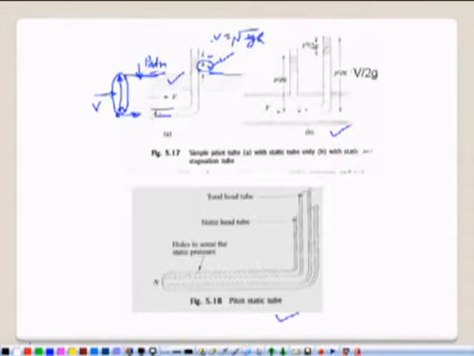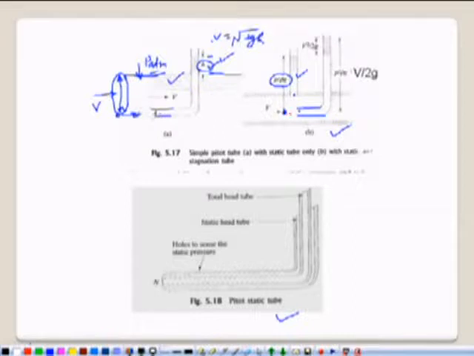In this figure we have a Pitot tube which is built in this manner, and we have another tube which is also known as a piezometric tube. At this point, which pressure will be measured? The pressure measured by this tube will be known as the piezometric head or static pressure at this point.